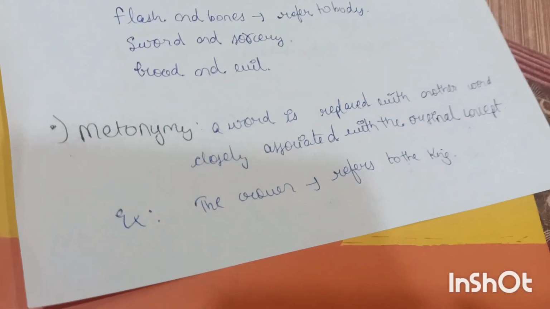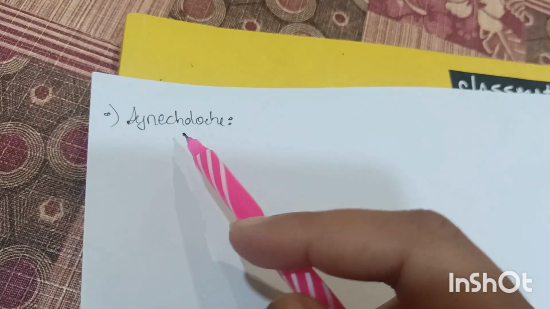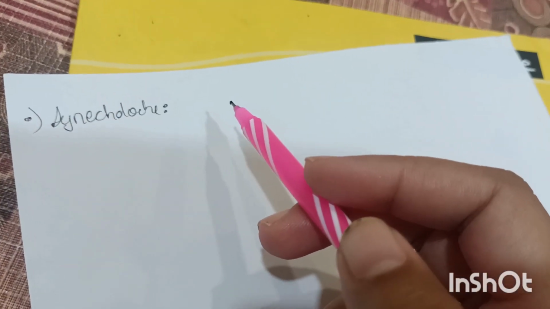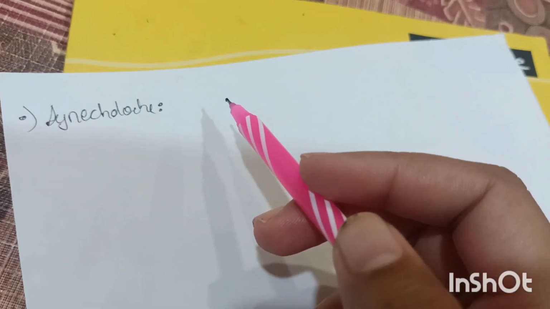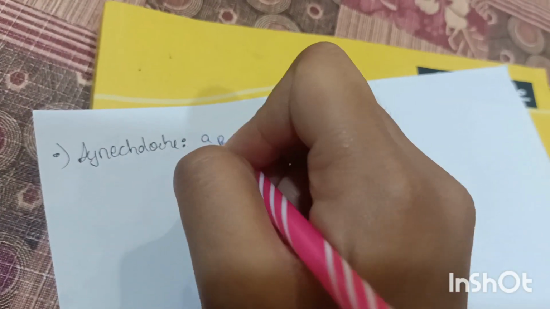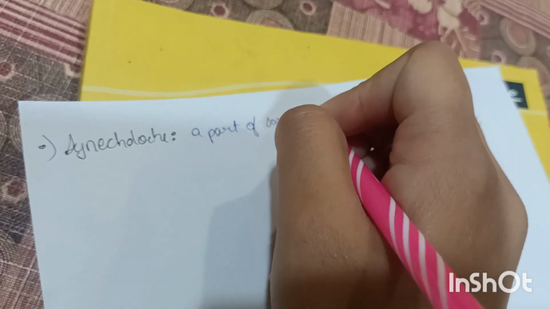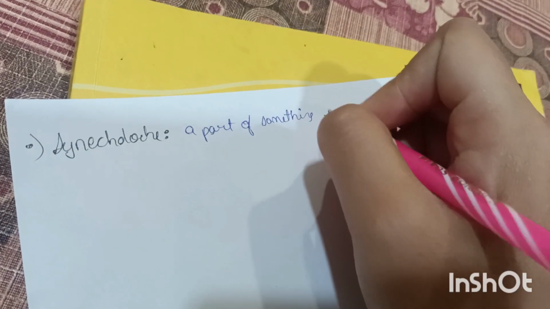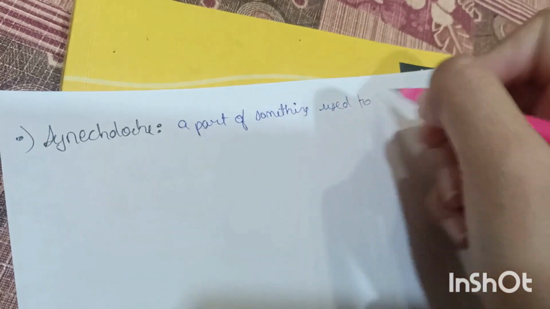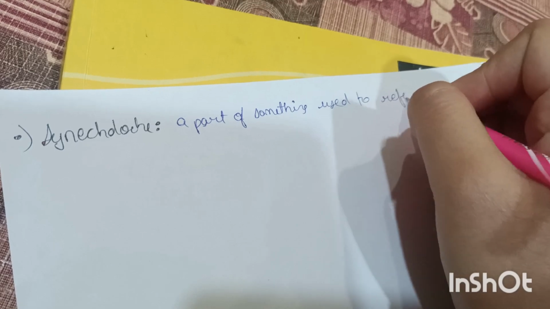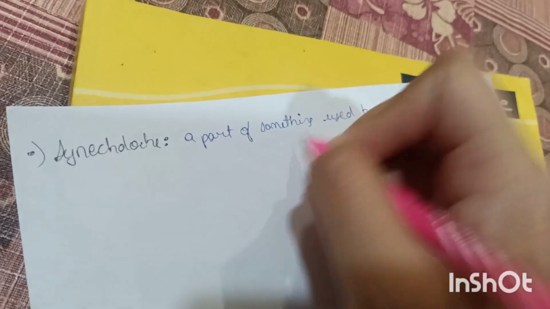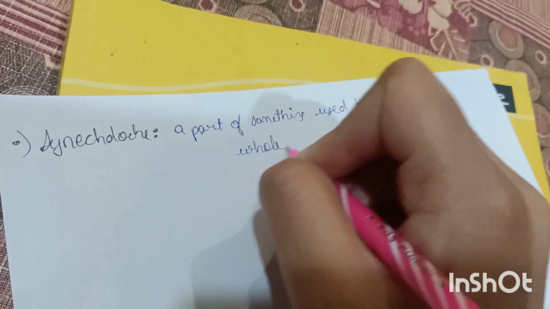Okay, so the next one is synecdoche. So in this what happens is that we are using a word that refers to a whole thing. Okay, so you can write it as a part of something used to refer to the whole thing.